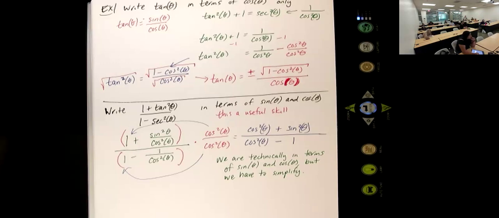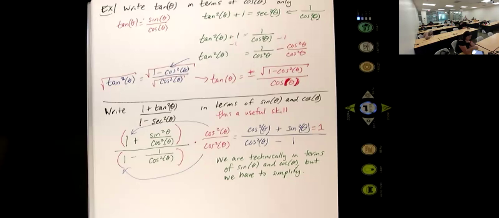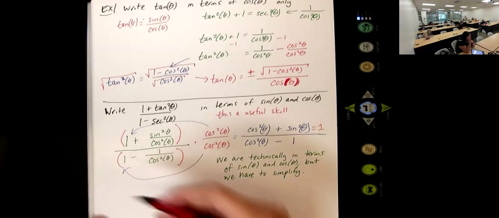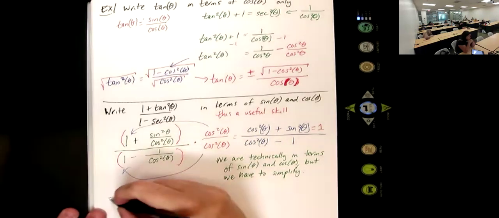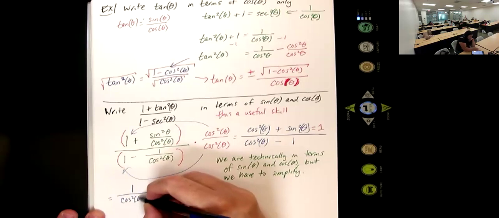Have we seen the top anywhere before? Wasn't this one of our identities? So, for now, we've got this down to 1 over cosine squared theta -1.